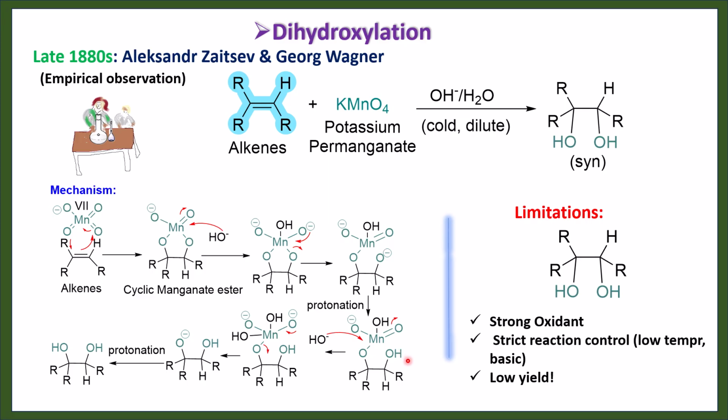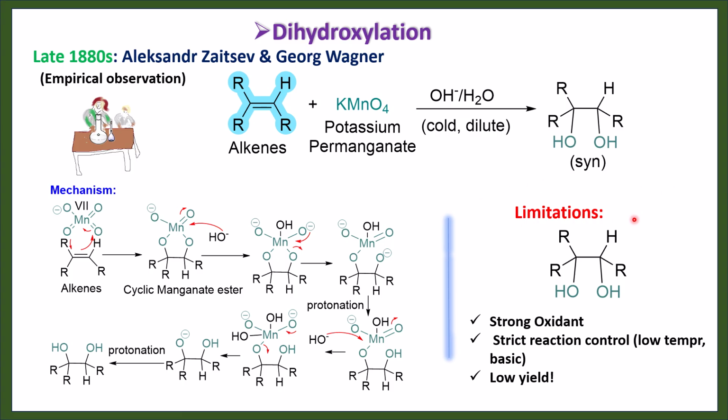This is the alcohol, and at the same time, when hydroxide again undergoes addition to the manganese, in a similar way the manganese-oxygen cleavage gives the anion, and protonation gives the alcohol. So this dihydroxylation happens, and as this manganate ester is syn, the cleavage also gives syn dihydroxylation.